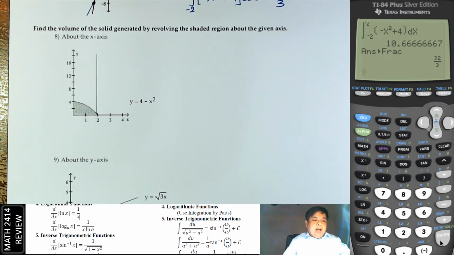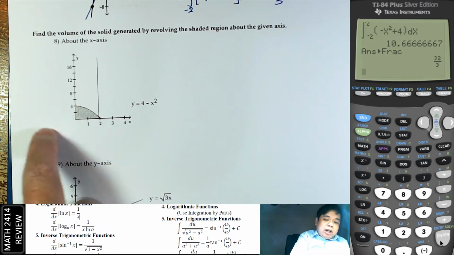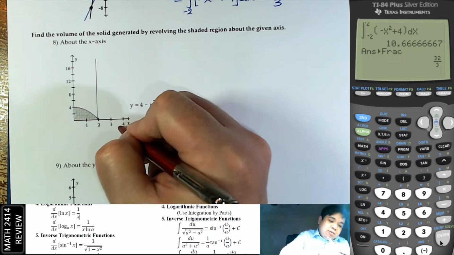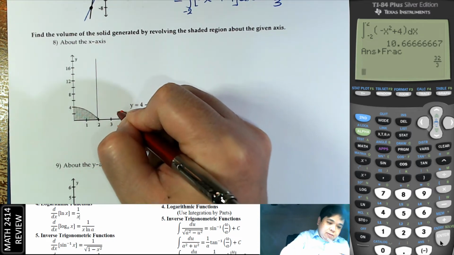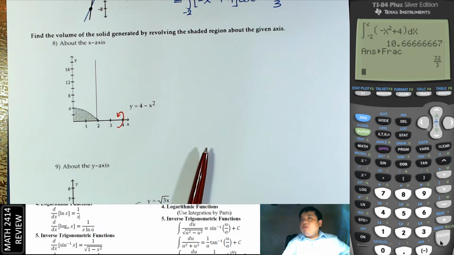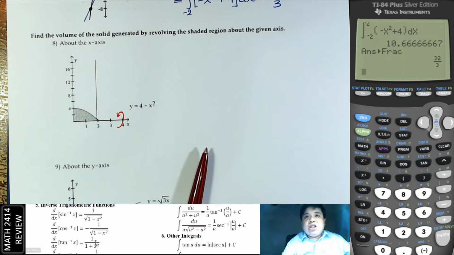Right. Next, we will have the volume of the solid generated by revolving the shaded region about the given axis. Right, so we have this rotate about the x-axis. Right, so this we use the disk, washer method or the shell method.